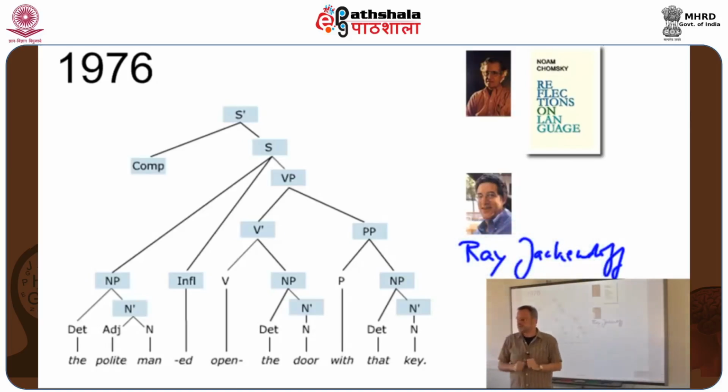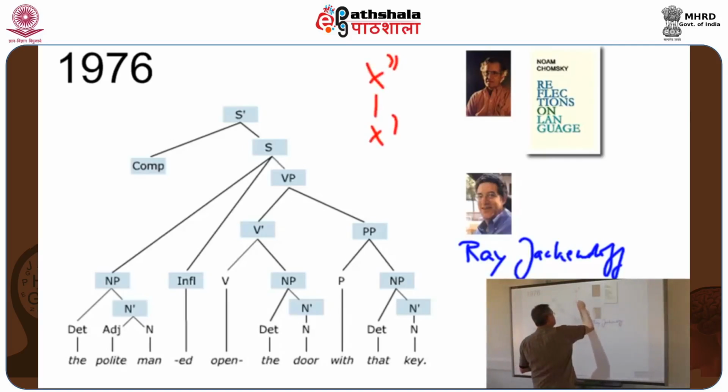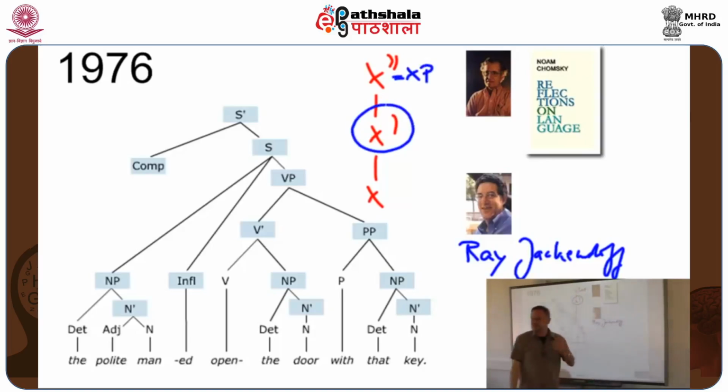The intermediate categories, so we have something like a system like X double bar, X bar and X. So this would be the intermediate category. This would stand for the highest category, XP, so that is the idea. The intermediate categories between XP and X, for example, between noun phrase and noun.